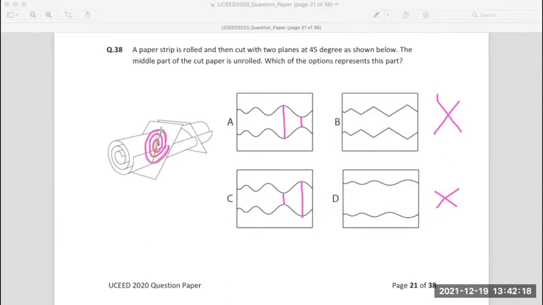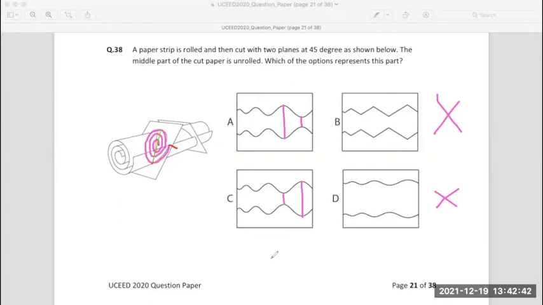If I try to ask you, where will this bigger width be placed with reference to the starting point? With reference to this starting point, where will this green line's bigger width be coming?